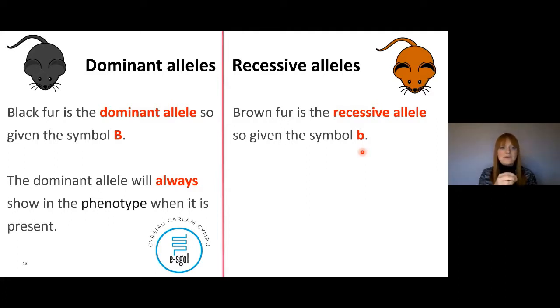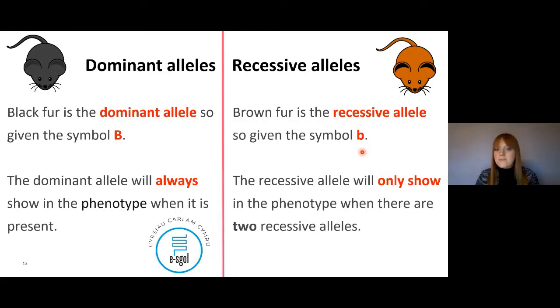If you inherit just one of those dominant alleles from either your mum or your dad, you're going to show that characteristic. So all it takes is for the black mouse there to inherit one big B, one dominant allele, in order to be a black mouse. The brown mouse though, a recessive allele will only show in the phenotype.